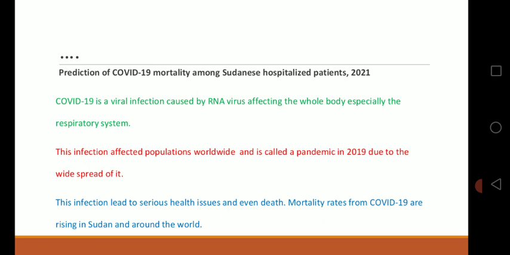We said it is a viral infection caused by RNA virus affecting the whole body, especially the respiratory system. So I made a definition of my problem, which I want to study. I want to study COVID-19 and its mortality rate among hospitalized patients. So I made my general definition.